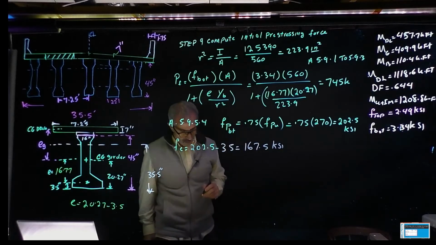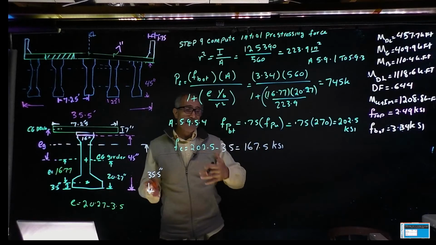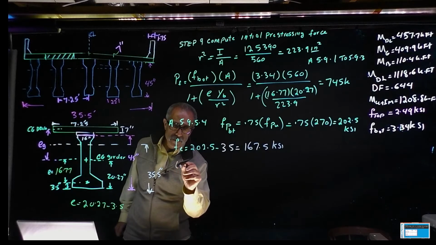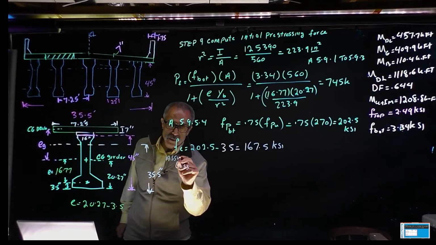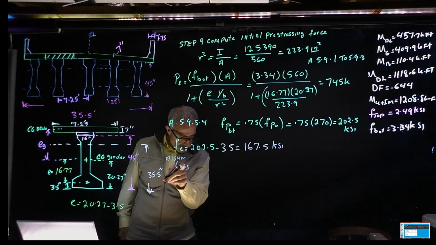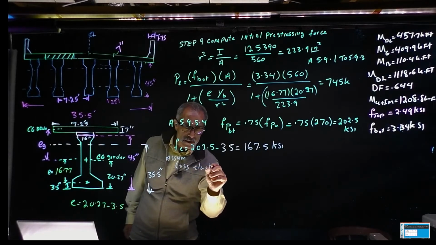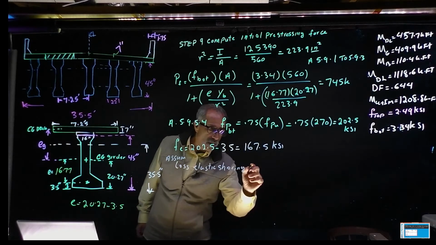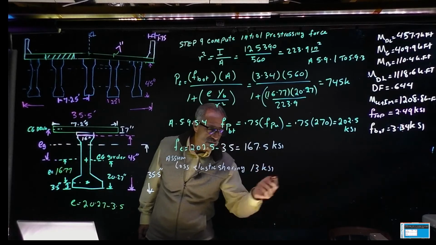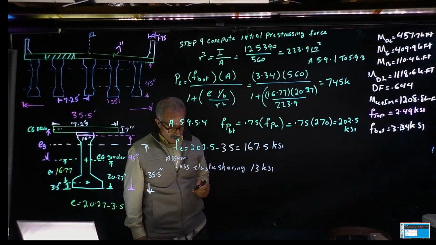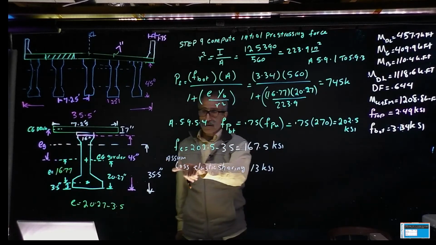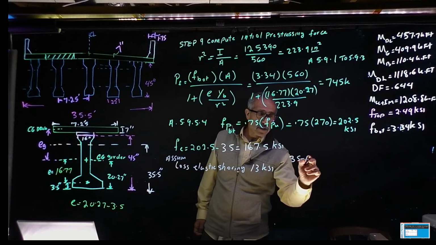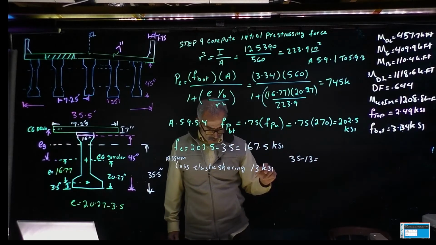And let's assume losses due to elastic shortening. We're going to assume that for now, and we're going to come back and confirm it. Elastic shortening would be 13 KSI, 13 to 15 KSI. Let's say 13 for now. And then we have 35, we said 35 someplace. And then we say 35 minus 13, that will give us 22 KSI.